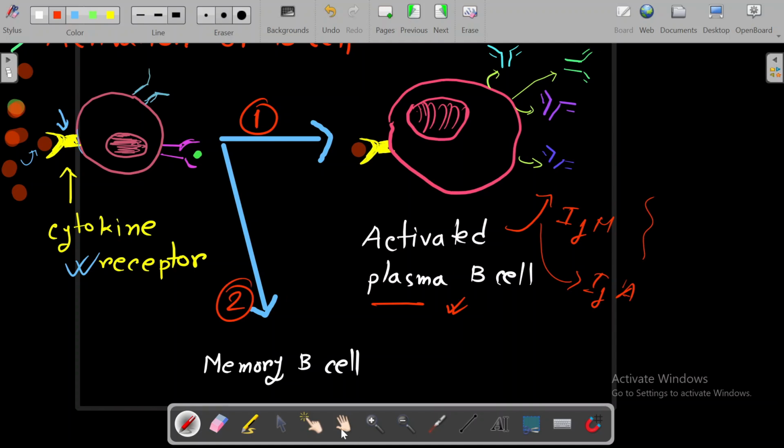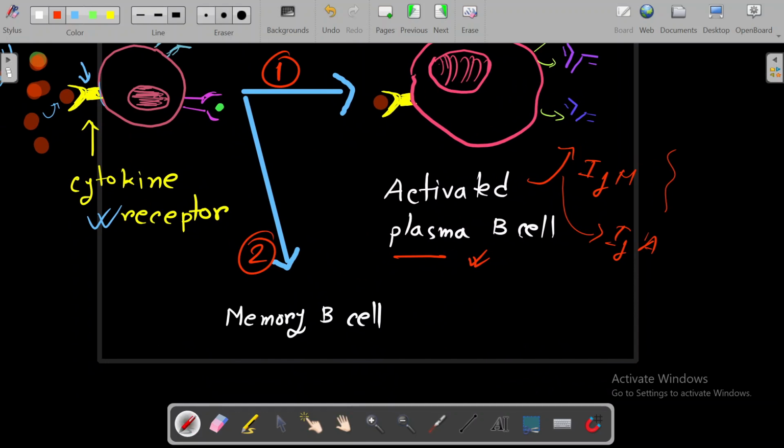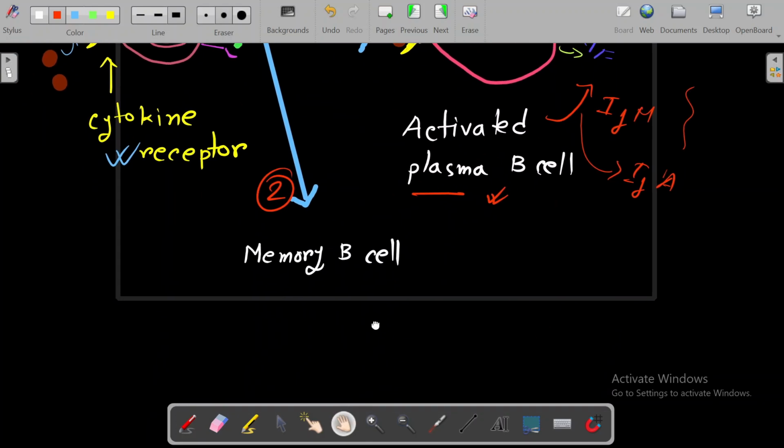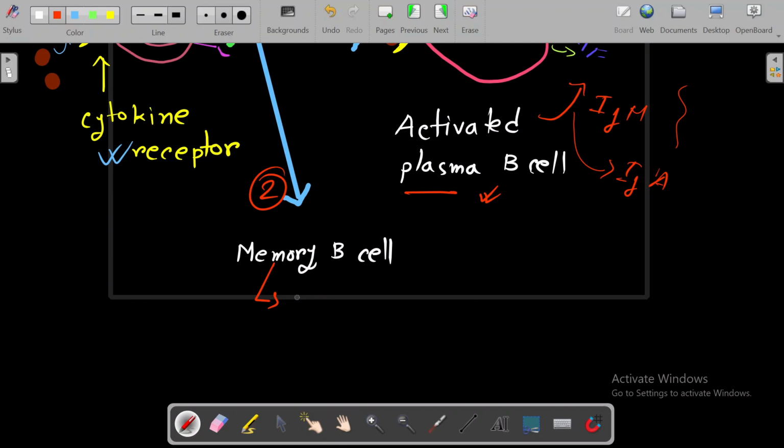And this memory cell mainly, remember, this memory cell mainly remembers the foreign antigen.